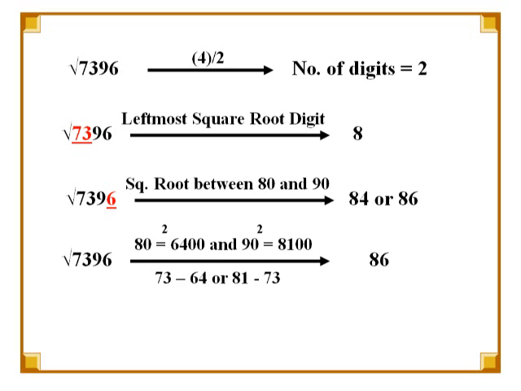To determine whether 7396 is closer to 6400 or 8100, subtract the two leftmost digits of 7396 from the two leftmost digits of 6400 and 8100. 73 minus 64 gives us 9, and 81 minus 73 gives us 8. This shows us that the square root of 7396 is closer to 90 than 80, and hence the square root is 86.